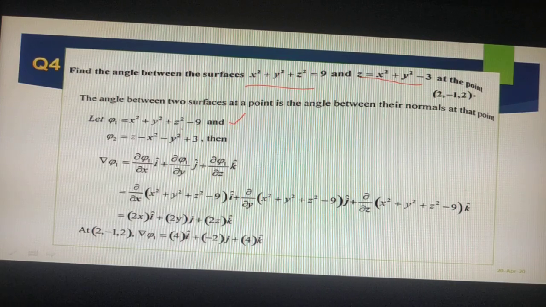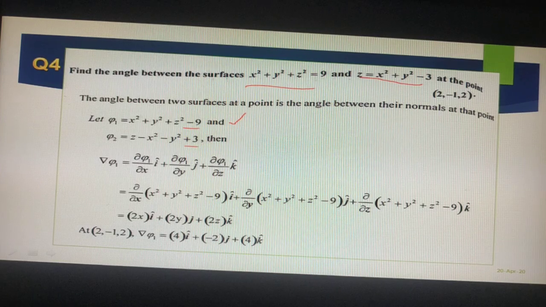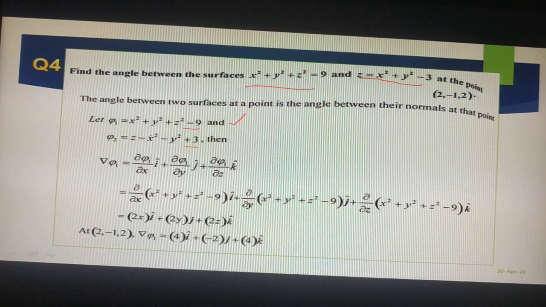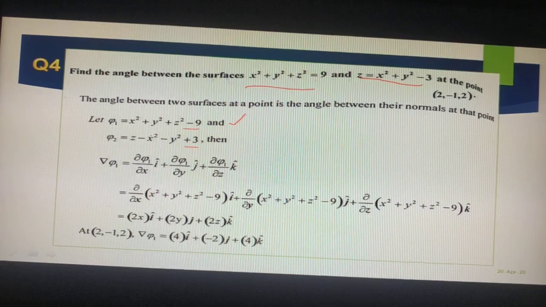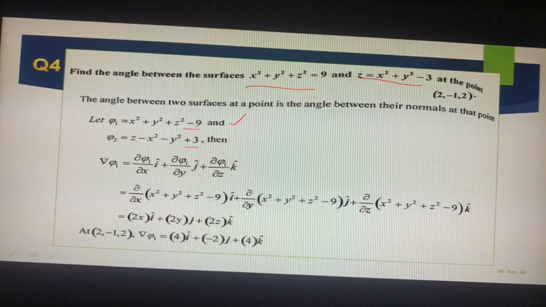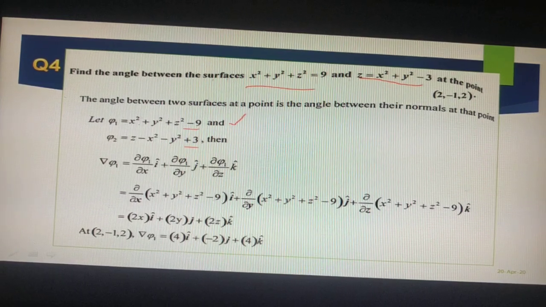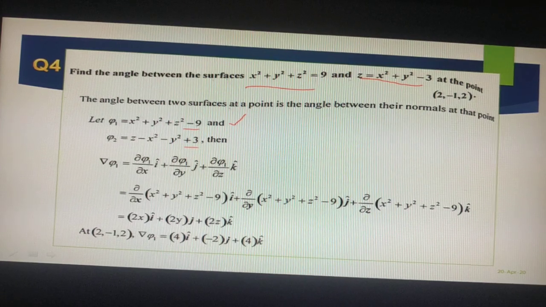As I said, whether you take these constant values or leave them doesn't matter, because these are level surfaces.